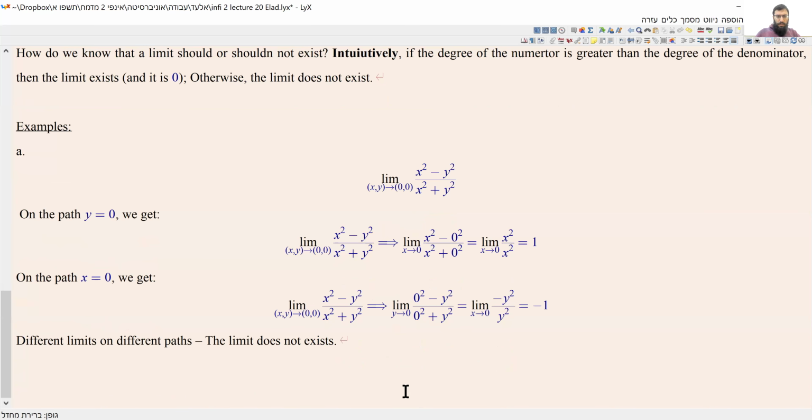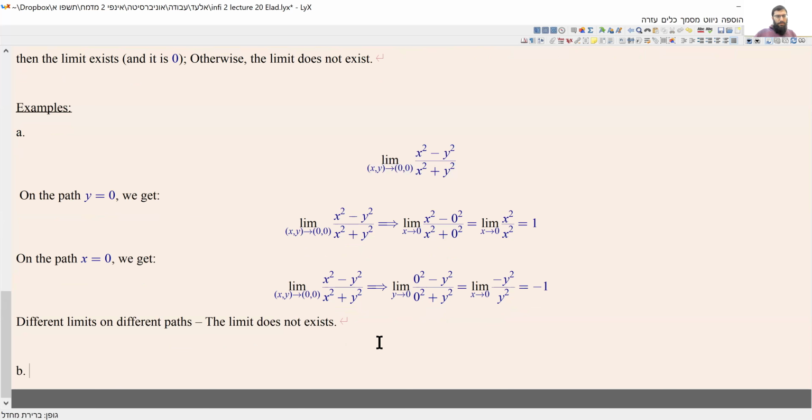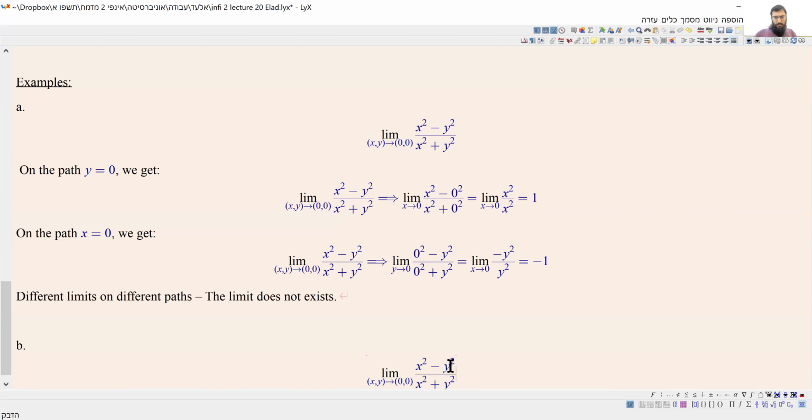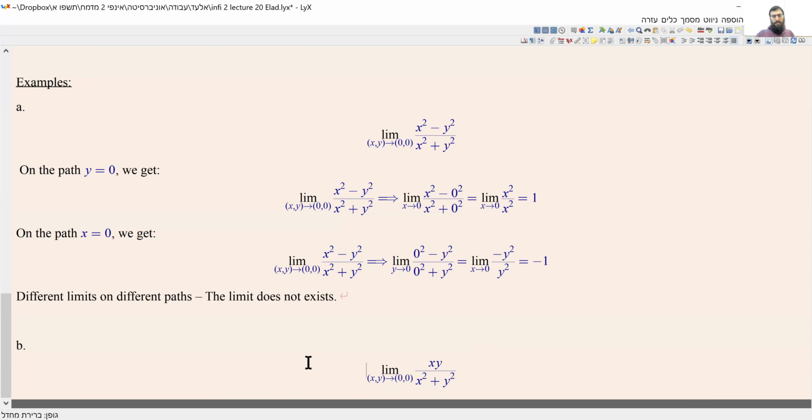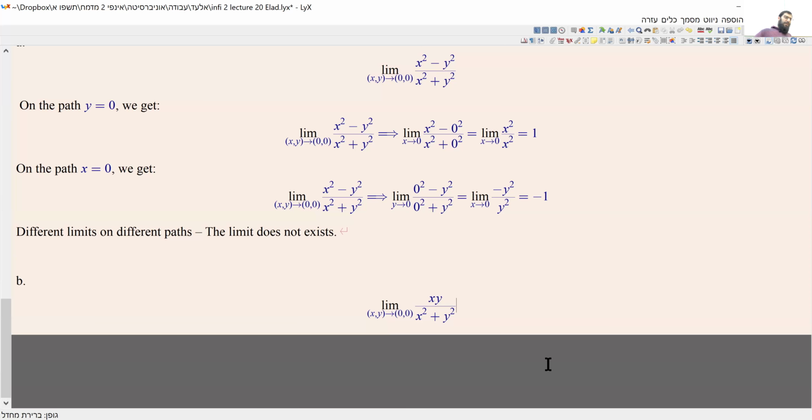Now, let's give you another example where the axes are not enough. We need to use some different type of path to the point. That's x multiplied by y above x squared plus y squared.